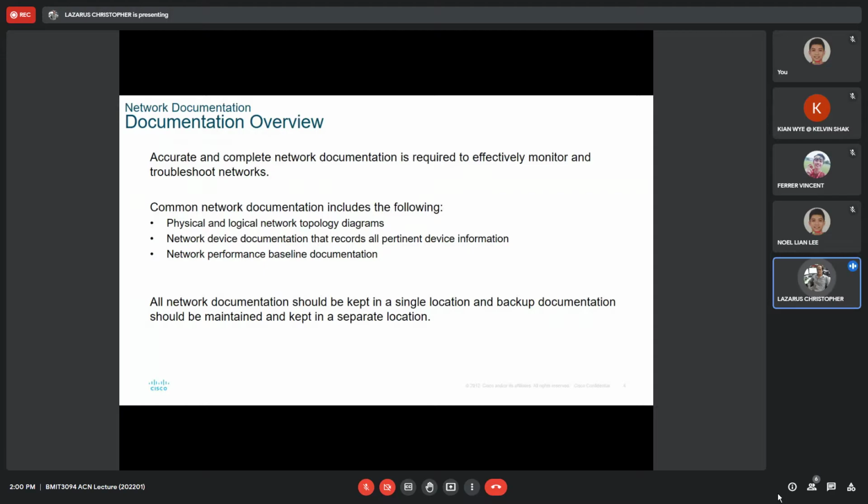So network performance baseline documentation. I think this is the first time you hear this. Baseline is normal daily usage performance. Okay, that's your baseline. So if your network is underperforming, meaning it can't achieve the baseline, something's wrong. If the network performance goes beyond the baseline, then you have to consider upgrading already, by finding which area exceeds your baseline.